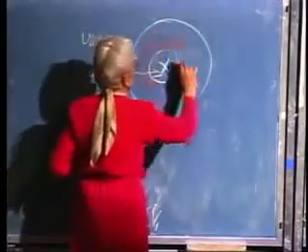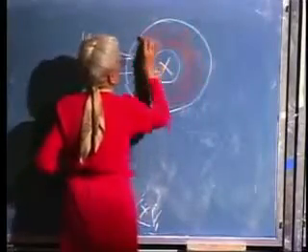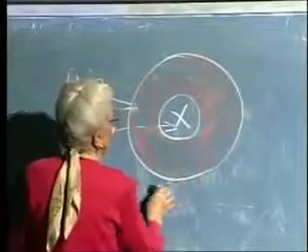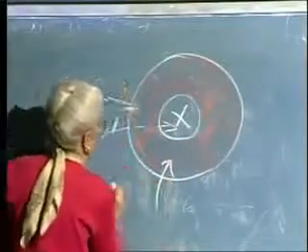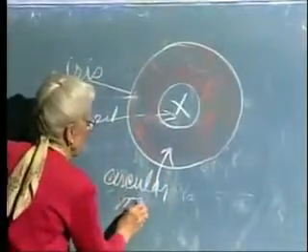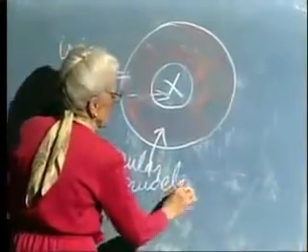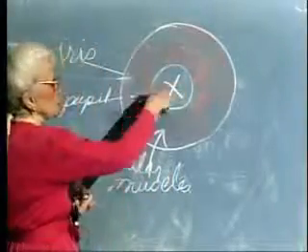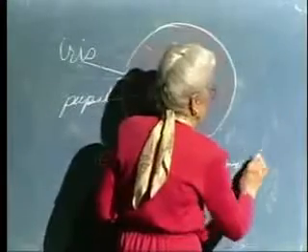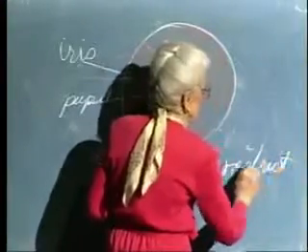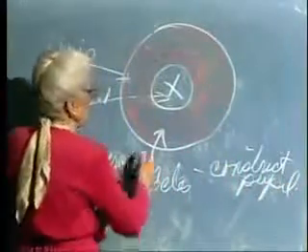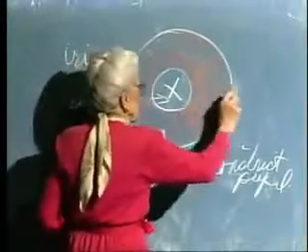We have those that are circular. What were they doing to the pupil? These are circular muscles. What are they going to do to the pupil? Constrict, right. Constrict pupil. And then we have the radial muscles going from inside out.